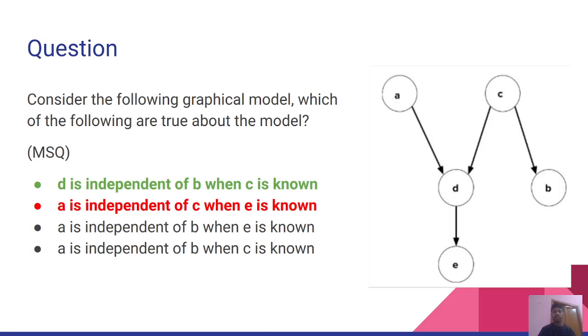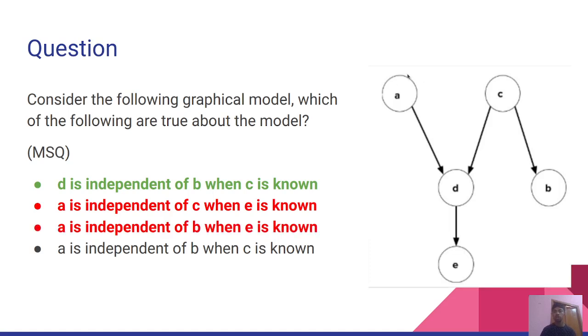The answer here is false, because in the previous example A and C are not independent, and B is dependent on C. So A and C are not independent, and B is also dependent on C. C is dependent on A and B is dependent upon C, so indirectly A is dependent on B because there is no blocking of the paths. So this is also not correct.